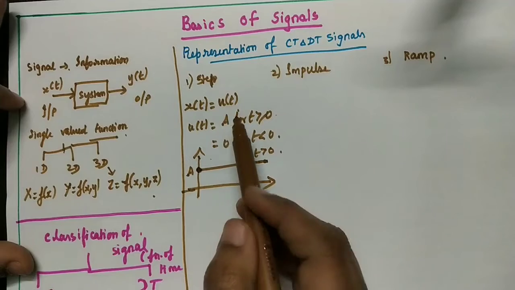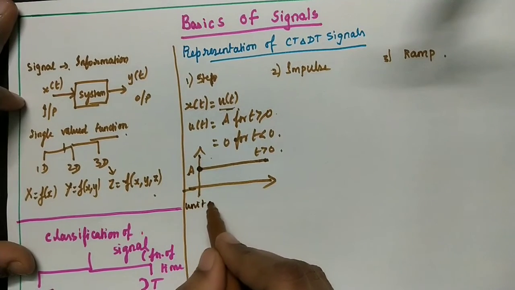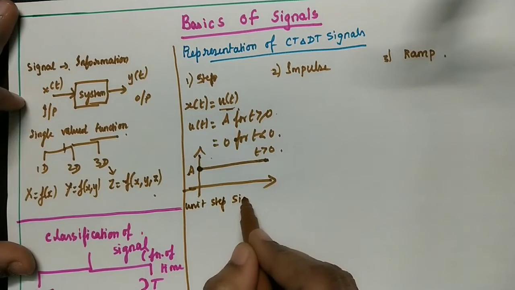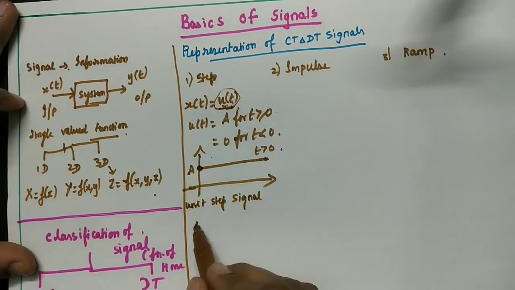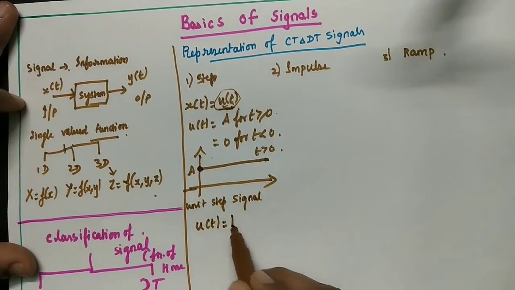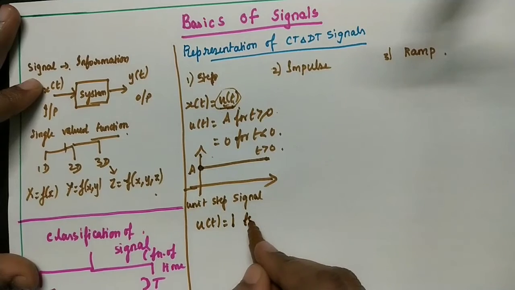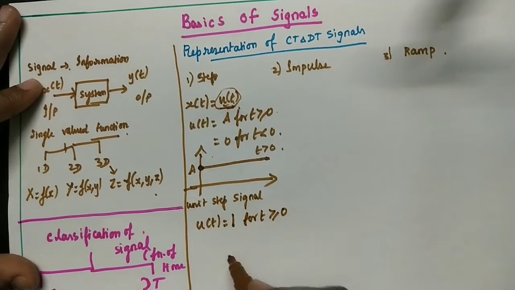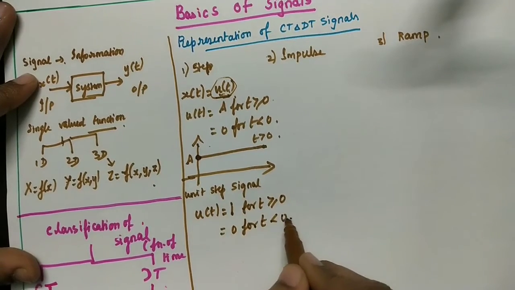Now the unit step signal can be represented as u of t, where u of t equals 1 for t greater than or equal to 0, and equals 0 for t less than 0.